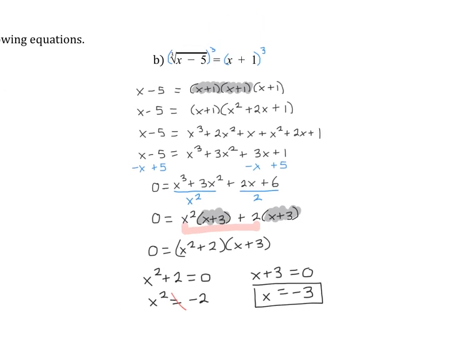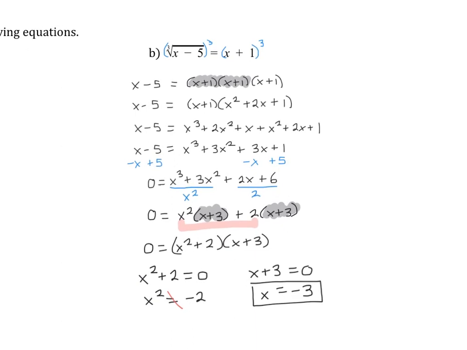And again, if you're ever unsure, you can plug this into the original equation to double check. So if we did that, looking back up to the top, we would get the cube root of -3 minus 5 should equal -3 plus 1.